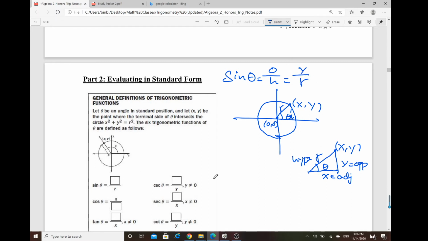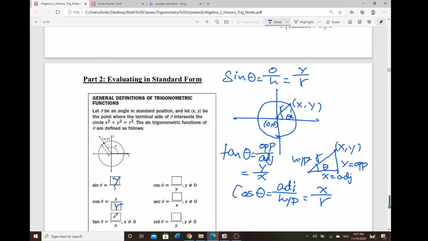Cosine of theta, using the same ratios from day 1, is adjacent over hypotenuse, so it's x over r. Tangent of theta is opposite over adjacent, SOH CAH TOA, so in this case it's y over x.